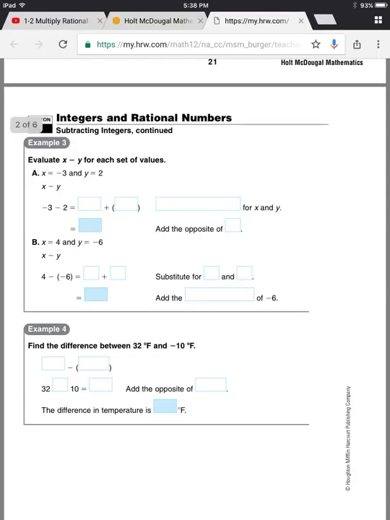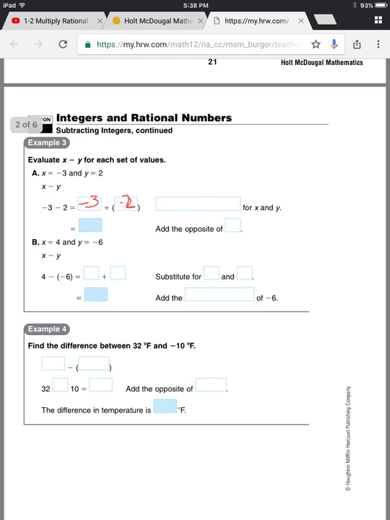Okay. Evaluate x minus y for each set of values. So the first value is negative 3 and positive 2. Okay, so we're going to keep our first value, put a positive, and then do the opposite of positive 2, which is negative 2.